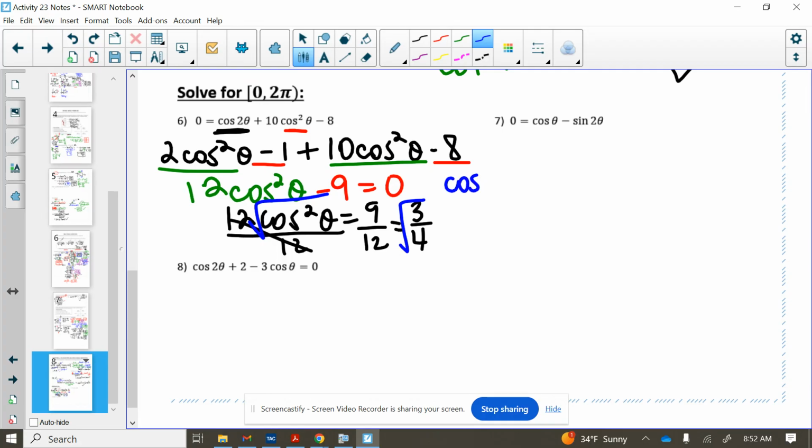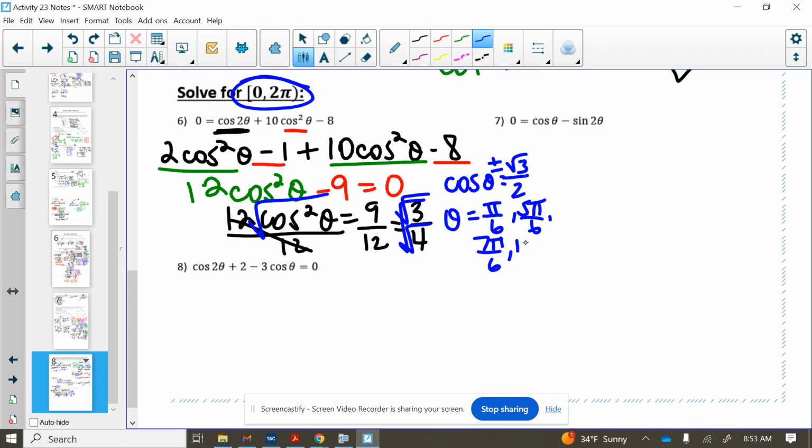So we're looking where cosine is equal to the square root of 3 over the square root of 4. Well, the square root of 4 is 2. And then don't forget that plus or minus. We're really looking for where this is equal to positive or negative square root of 3 over 2 in radians, since we want 0 to 2 pi. So that's going to happen in all 4 of our quadrants at pi over 6, 5 pi over 6, 7 pi over 6, and 11 pi over 6.